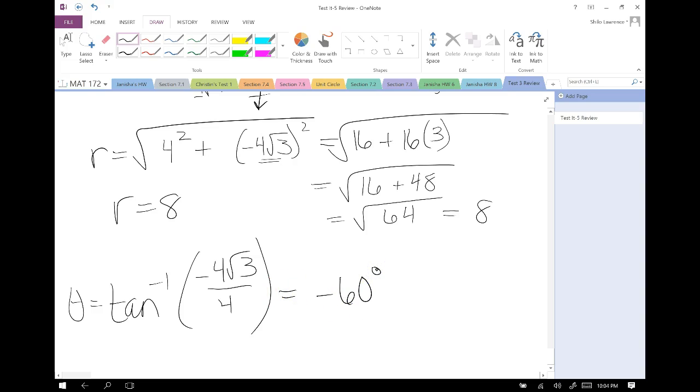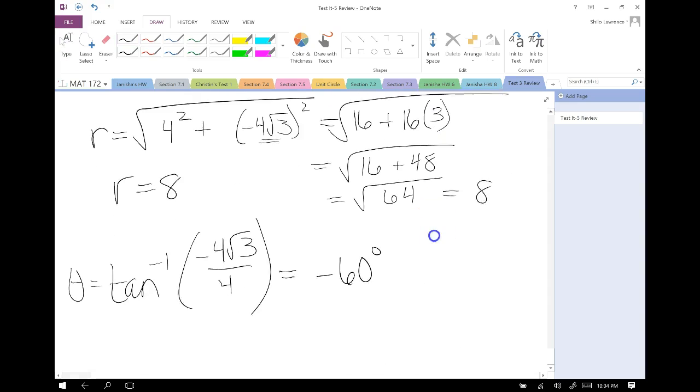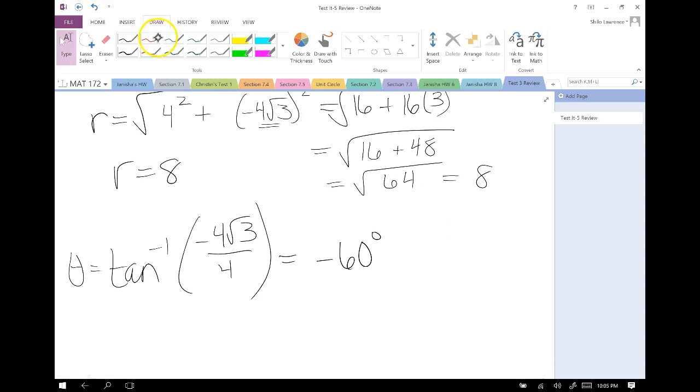That's because the calculator wants to get there as quick as possible. The calculator thinks of tan inverse as a function. If you look at the graph, yeah, you could get there by going clockwise 60, but we want a standard position angle. We want to go counterclockwise. So you should add 360 to that. And you should really be using 300.